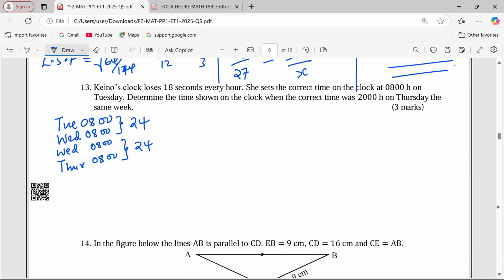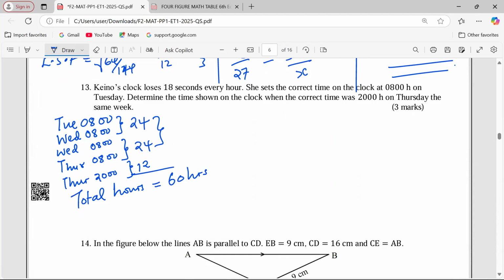But from Thursday 0800 to the same Thursday at 2000 hours, there are 12 hours added here. So between Tuesday 8 a.m. and Thursday 2000 hours, when we add all these, 48 plus 12, we have 60 hours.